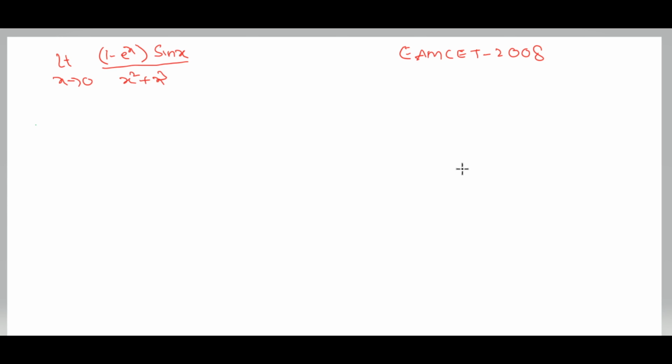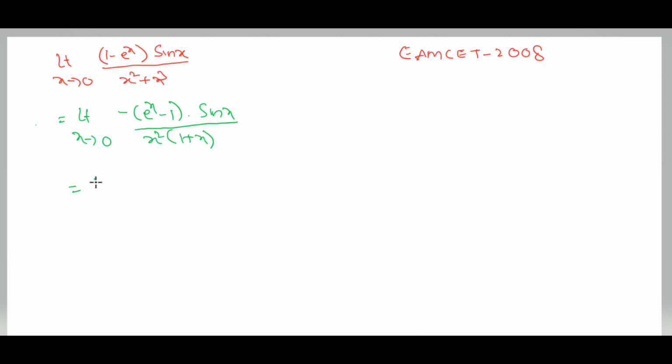Friends, this problem from MSET 2008. Here is given limit x tends to 0, (1 minus e power x) into sin x by (x square plus x cube). So this value is equal to limit x tends to 0, taking minus common, that is (e power x minus 1) into sin x by, taking x square common, that is 1 plus x.